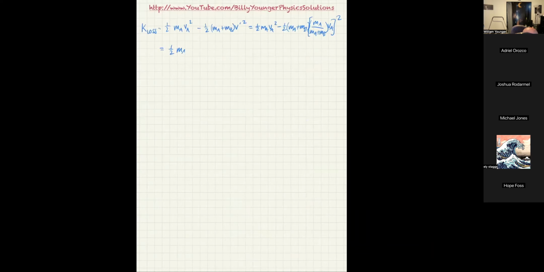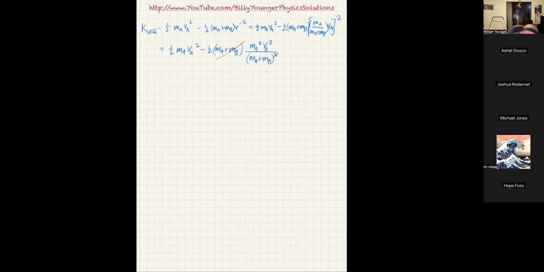This is 1/2 MA VA squared minus 1/2 MA plus MB, and then the square of all this gives me MA squared VA squared over MA plus MB, again squared. So you can see right now that the MA plus MB is going to cancel out with one of the MA plus MBs in the denominator. Therefore, our denominator is going to be MA plus MB.